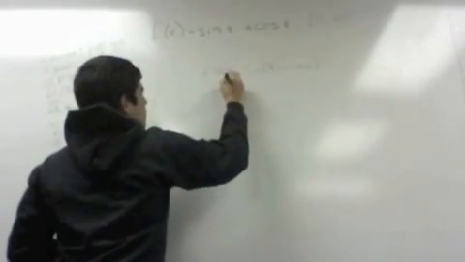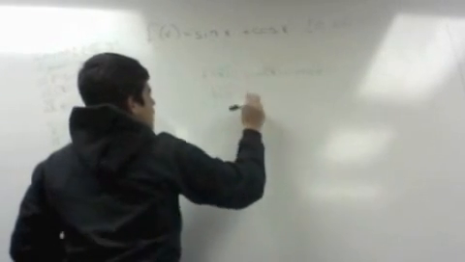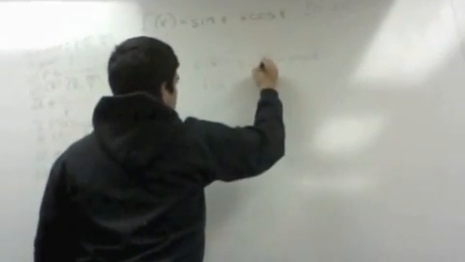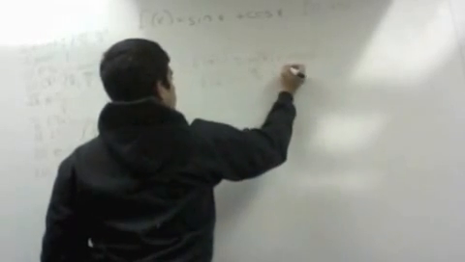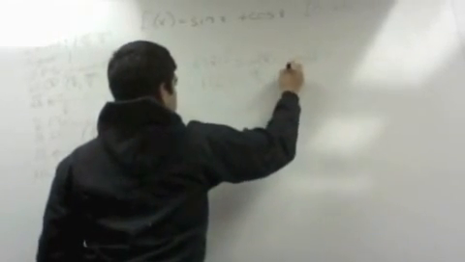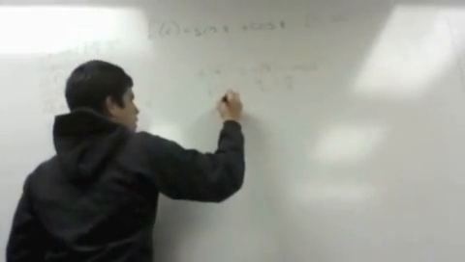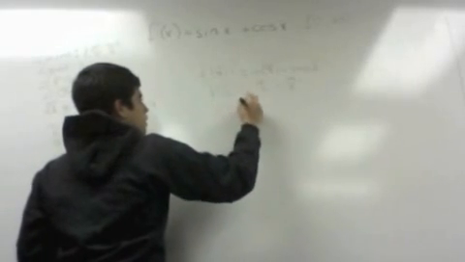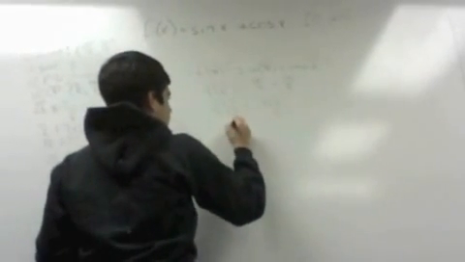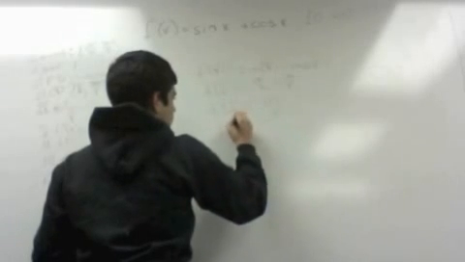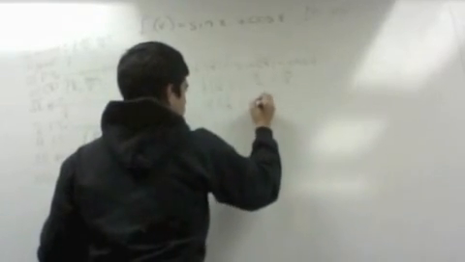And when we simplify this, we have that sine of pi fourth is square root of 2 over 2 plus the cosine of pi fourth, which is square root of 2 over 2. And this would give us the square root of 2.